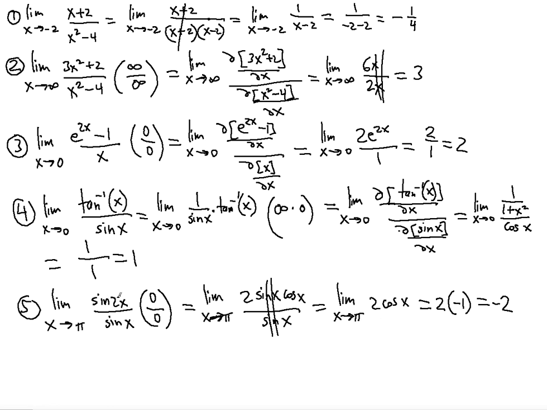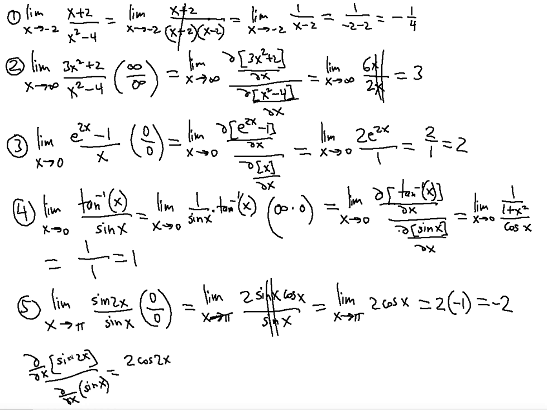Because if you use L'Hopital's rule, the derivative would be cosine of 2x multiplied by 2. So just to check it, for practice, let's see what we're going to have. Sine of 2x divided by sine x would give us 2 cosine of 2x.